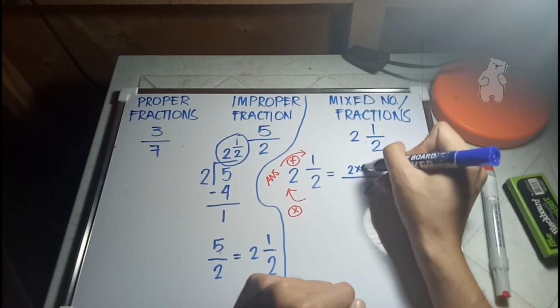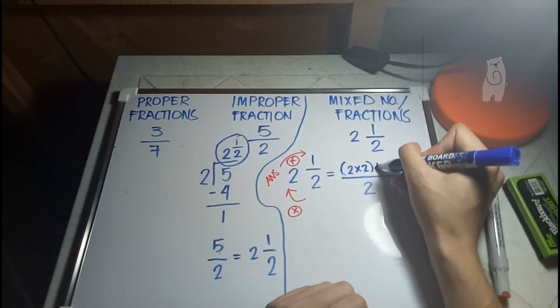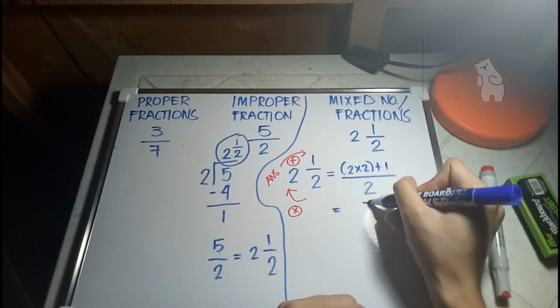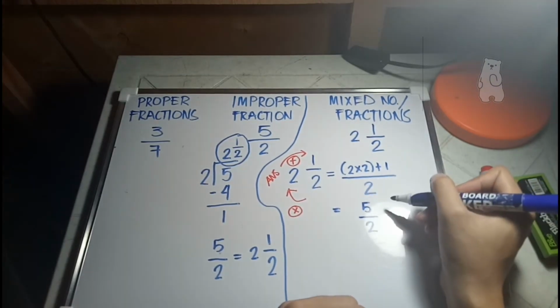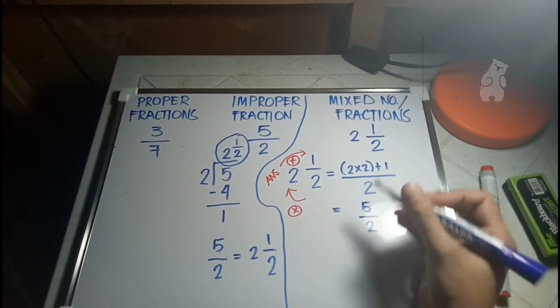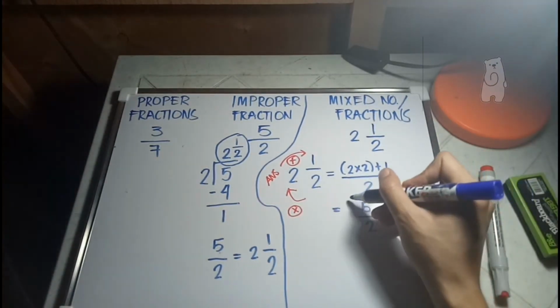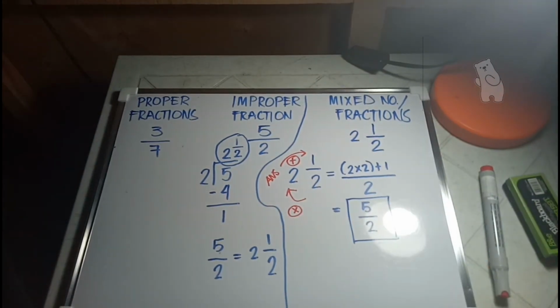So, 2 times 2, lagyan ko lang po ng parenthesis, plus 1. 2 times 2 plus 1 is equal to 5 halves. So, if we convert 2 and 1 half into an improper fraction, the answer would be 5 halves. Ganun lang po siya kasimple gawin.